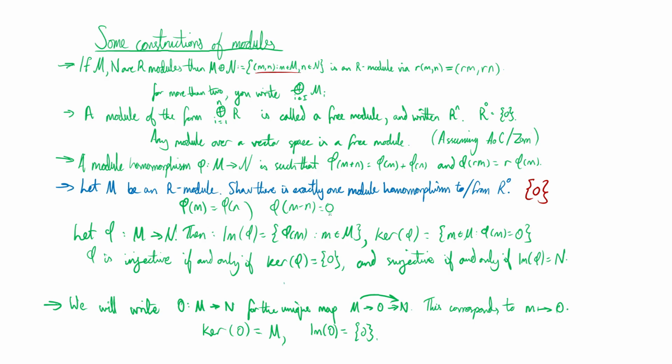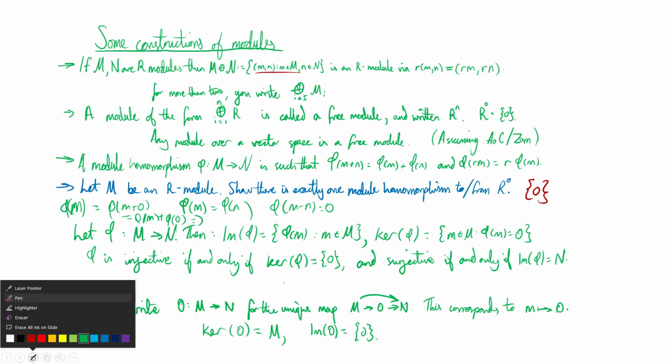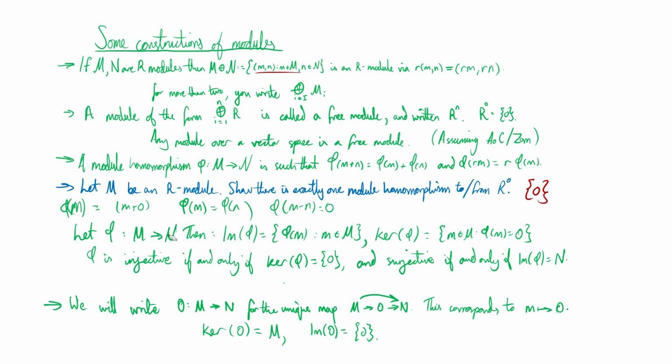Phi of 0 is always 0, because phi of M equals phi of M plus 0 equals phi of M plus phi of 0, so phi of 0 is 0, or the 0 within N, the identity element within N. So phi of M minus N equals 0, so M minus N equals 0, so they are equal.